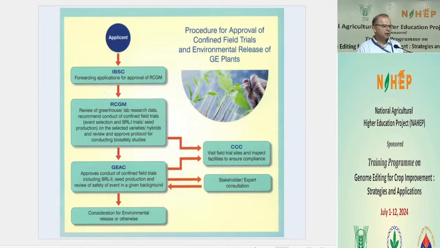Every institute must have an Institutional Biosafety Committee, and how that committee will be constituted, there is a prescribed rule given on the DBT website: what will be the composition, who will be the members. It is given on the website. There is an IBKP portal. One can go and see.